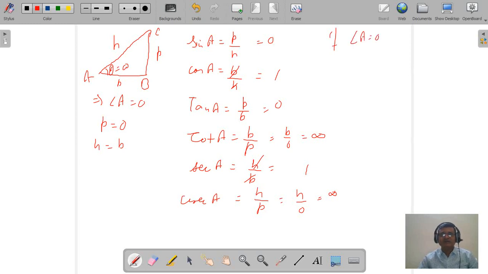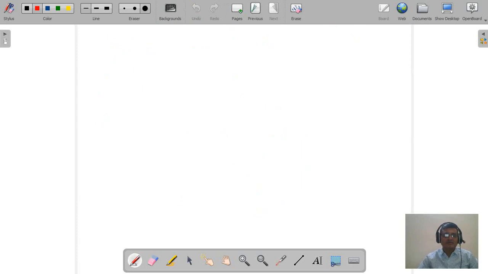Now we are moving to the next case, when angle A is 90 degrees, then what will happen? So we are taking a right angle triangle. Let this be A, this be B and this be C, and this angle is 90 degrees.